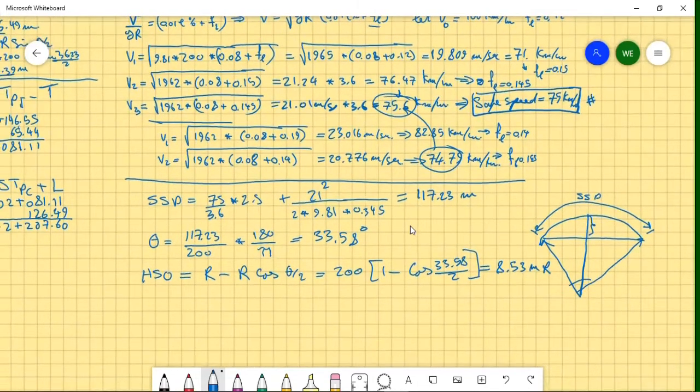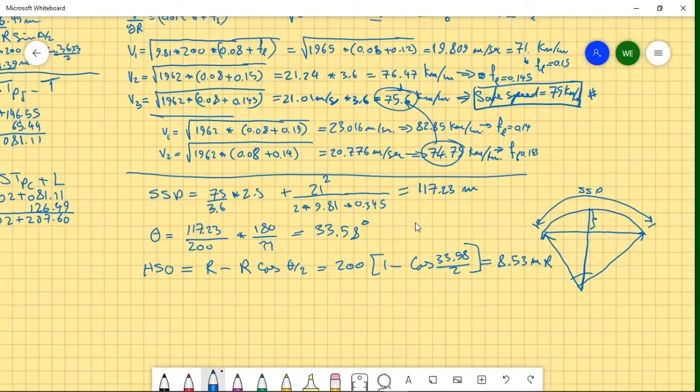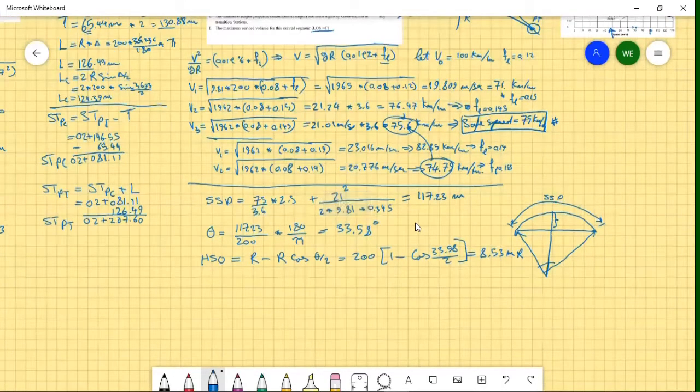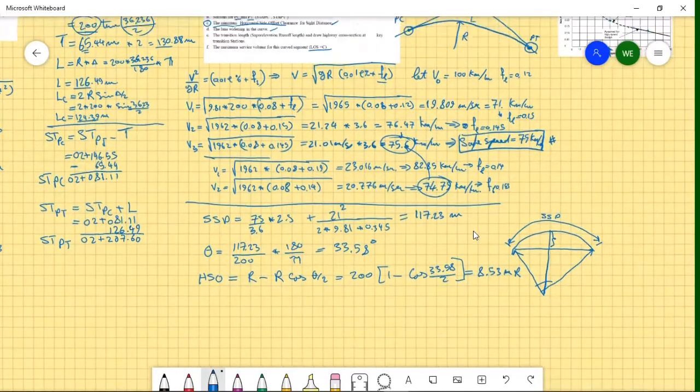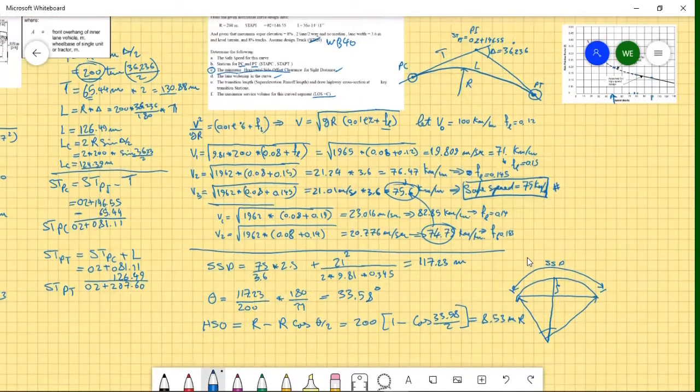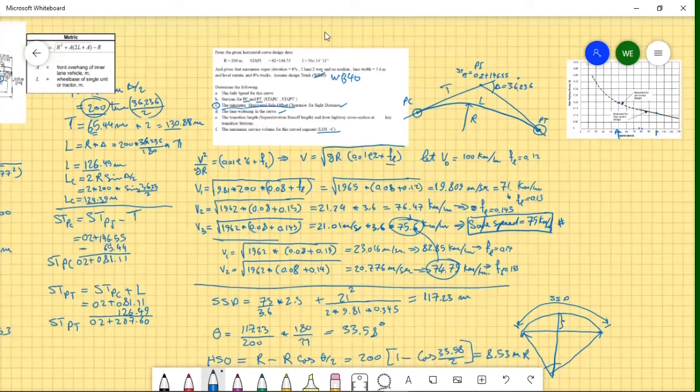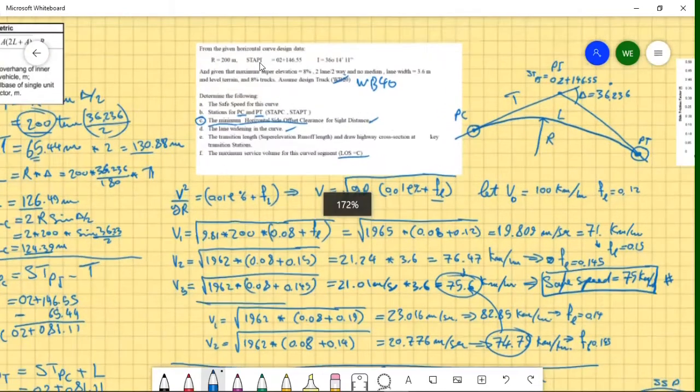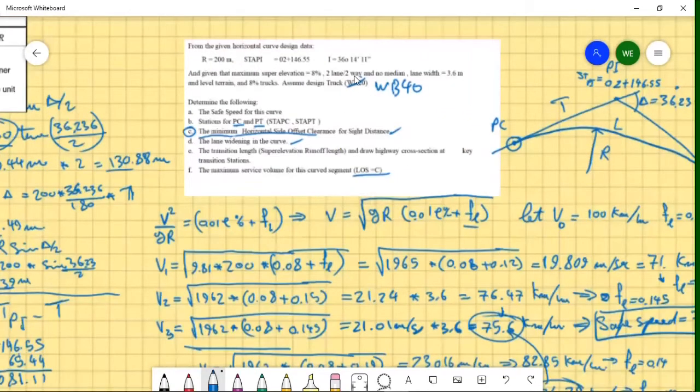How much, actually, do we need if we want to add right of way to this road? Okay. Here it says that we have a 2-lane, 2-way road, and the lane width is 3.6.